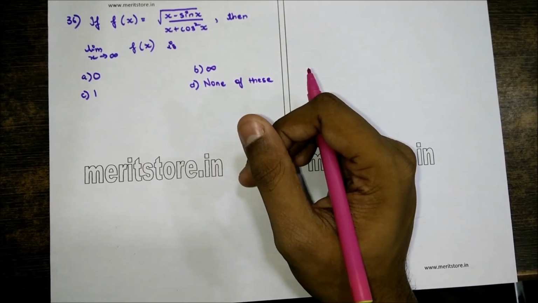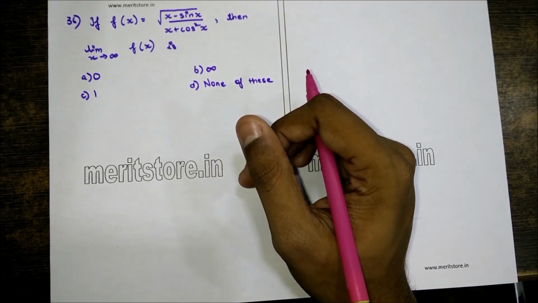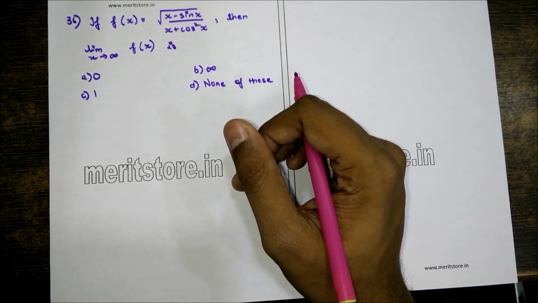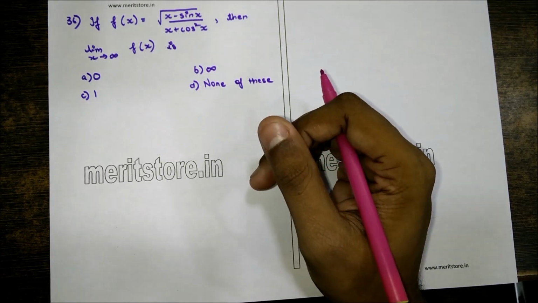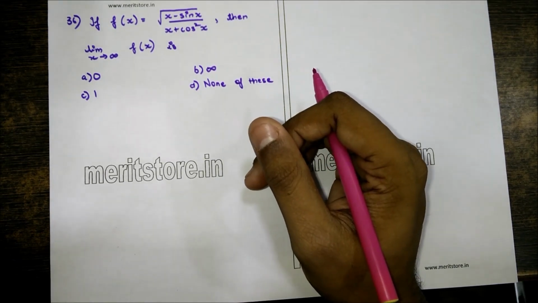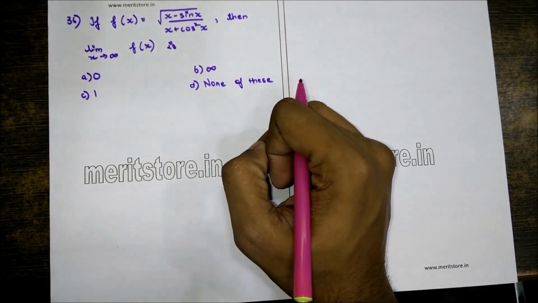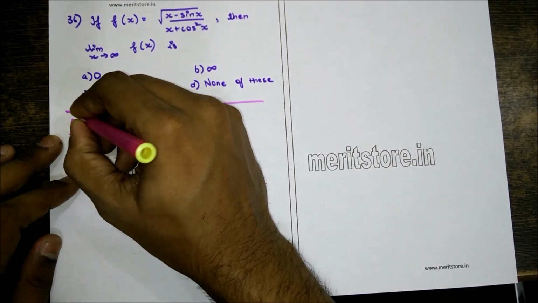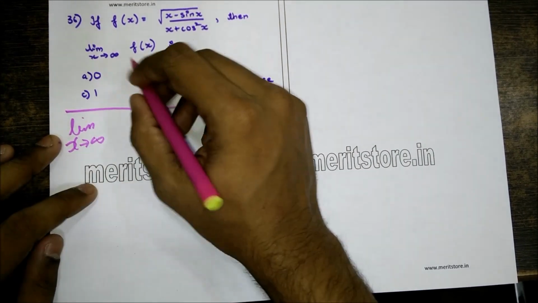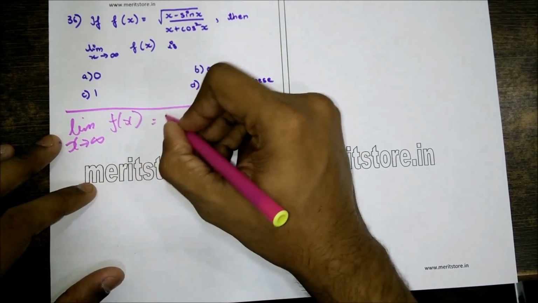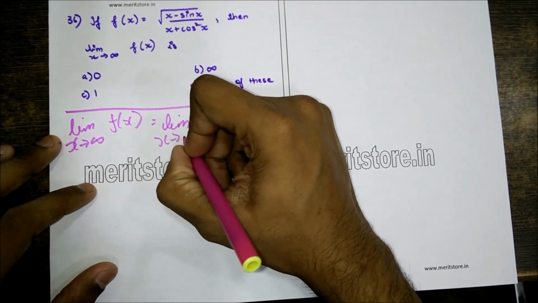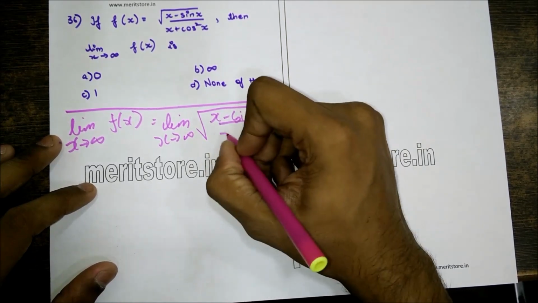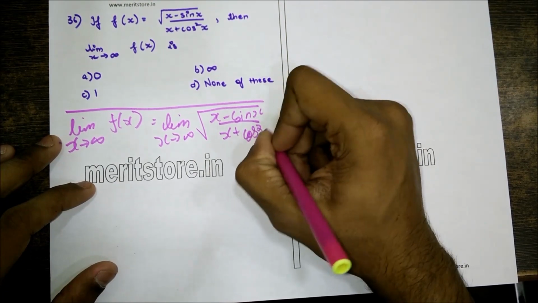If f of x is equal to root of x minus sin x upon x plus cos square x, then limit of x tends to infinity of f of x is equal to: a) 0, b) infinity, c) 1, d) none of these. So what we could do is, we have limit of x tends to infinity of f of x, which is limit of x tends to infinity root of x minus sin x by x plus cos square x.